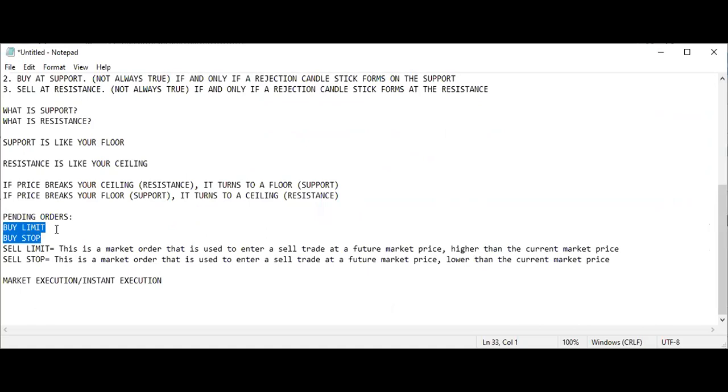Since you know what sell limit and sell stop is, to know that you are following, tell me what buy limit is. Fast in the chat. I need answers, guys. Know that you are following.